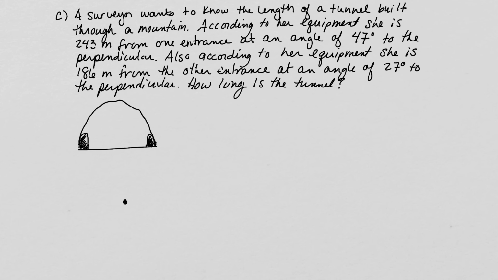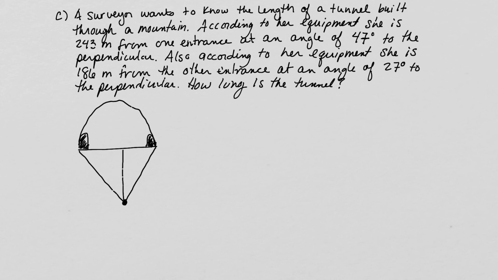And what they do with their equipment is they measure the distance from where they're standing to the endpoints. So they're going to measure this distance and this distance. And then they also measure the angle that they're at.